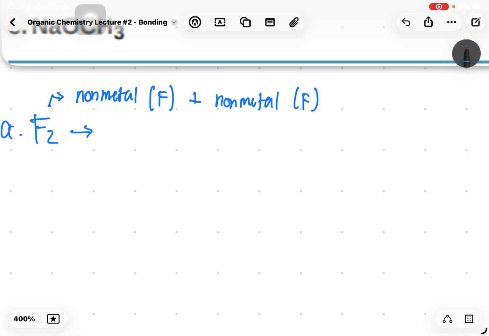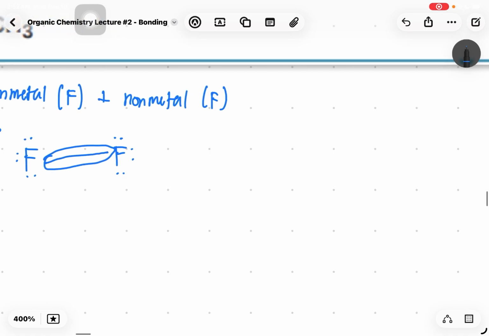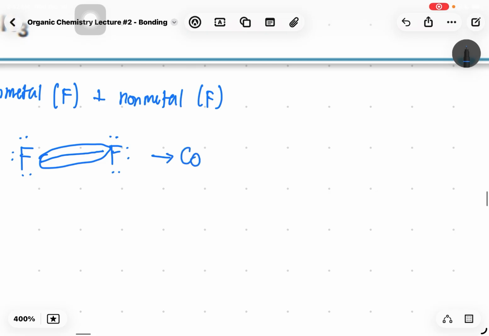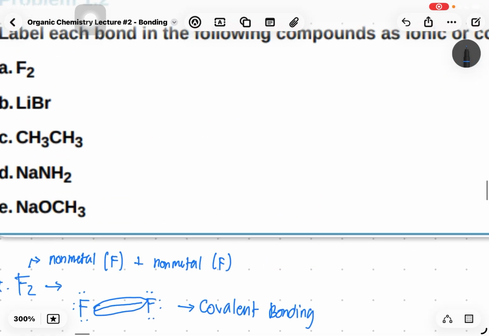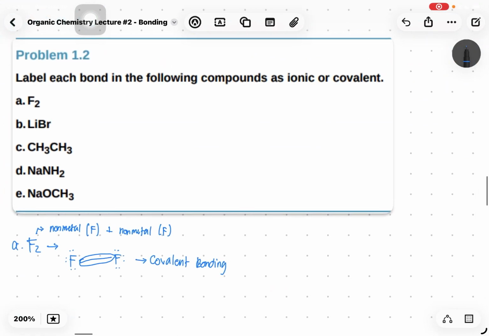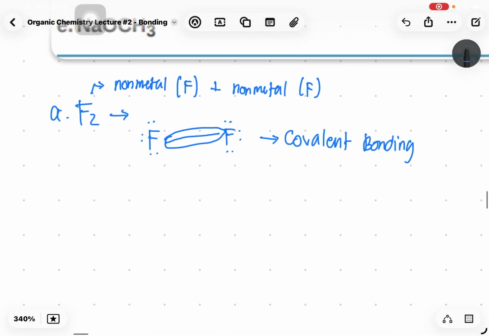So, we have F with 7 valence electrons around it, and another F with 7 valence electrons around it. Bond that together, they're sharing that space, so F2 is covalent bonding. But the question is if it's a covalent or ionic compound, meaning this is a covalent compound.